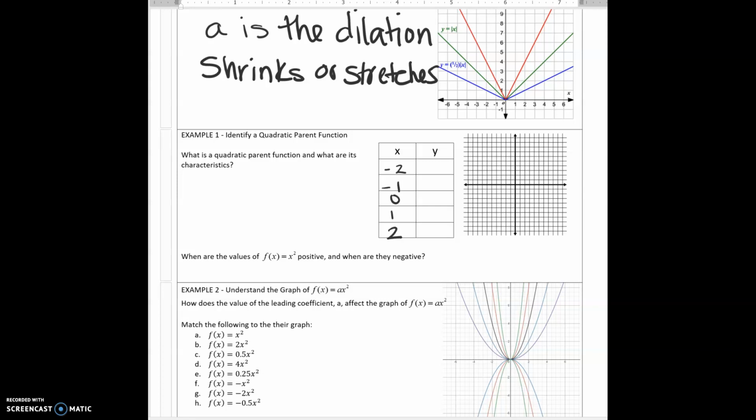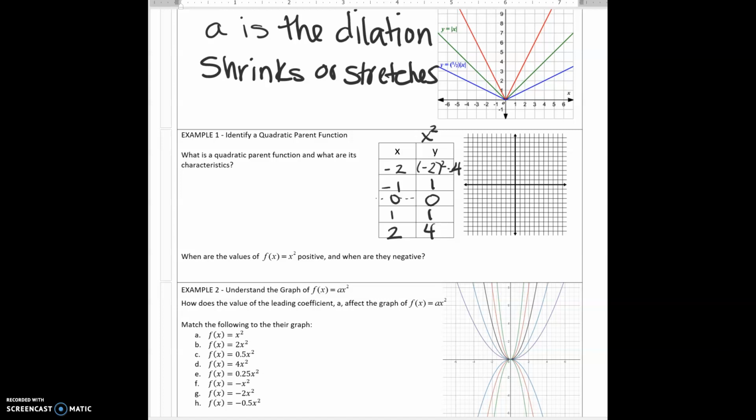To get the y value, we're going to take our x and square it. So here it's going to be -2 squared, which we get 4. -1 squared, we get 1. 0 squared is 0. 1 squared, 1. 2 squared, 4.